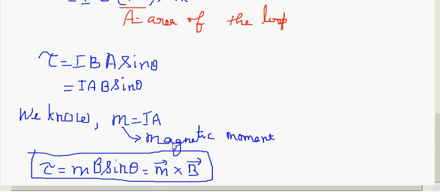So this is the equation for torque, m B sine theta or m cross B. Hope you understood this derivation.